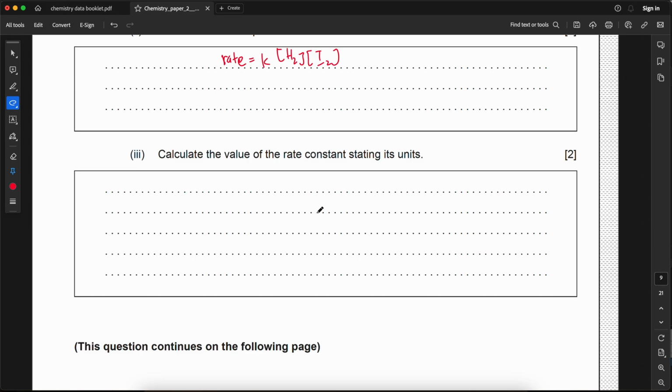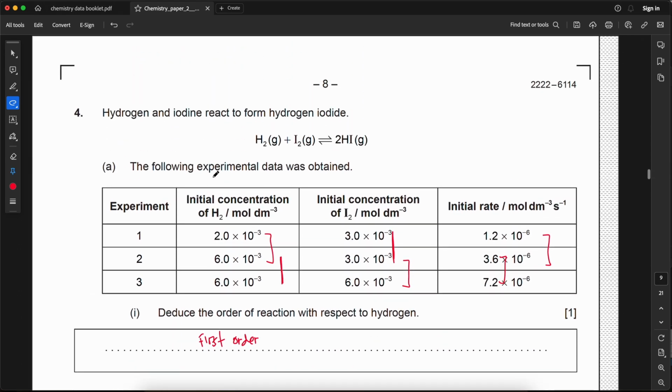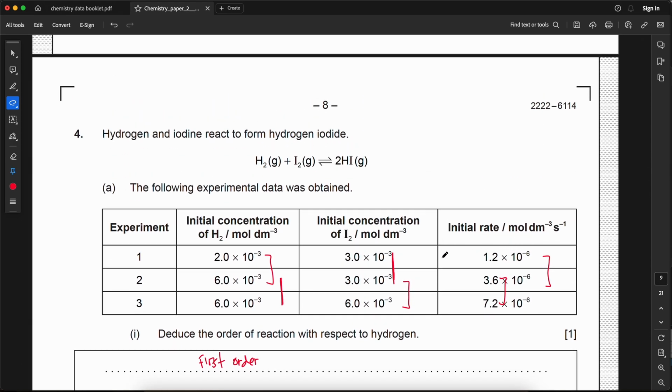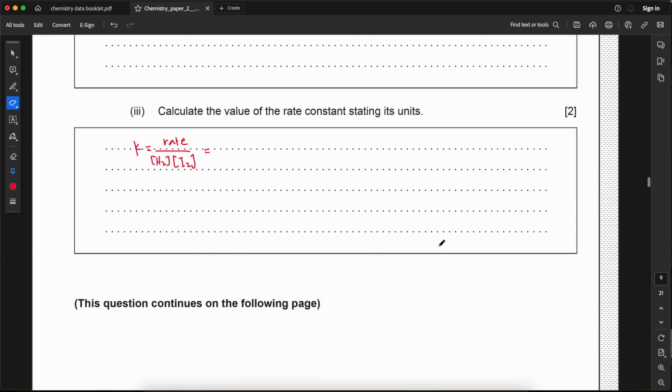Calculate the value of the rate constant stating its unit. So k will be rate divided by [H2] and [I2]. You can choose any of these numbers. You just plug into the formula. Okay, I will choose the first one. So 1.2 times 10 to the power negative 6 mol dm^-3 s^-1.